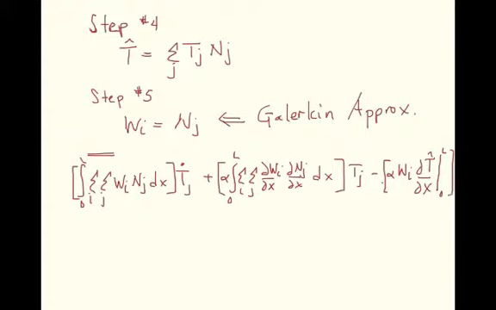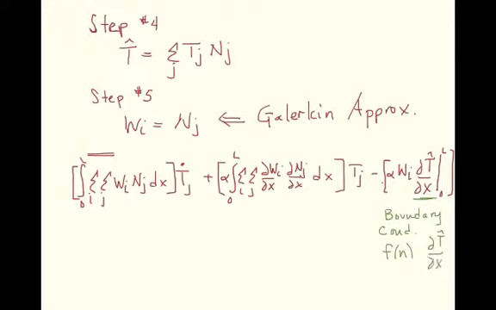And I have a couple of comments to make. One, notice that this is still dT hat/dx because the boundary condition will be given as a function of dT hat/dx.